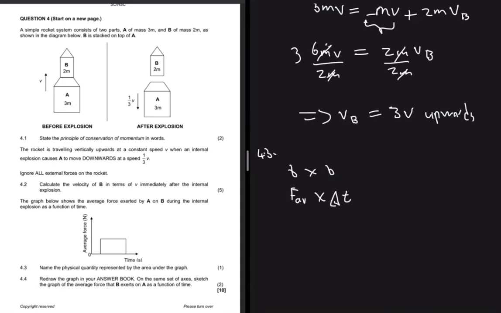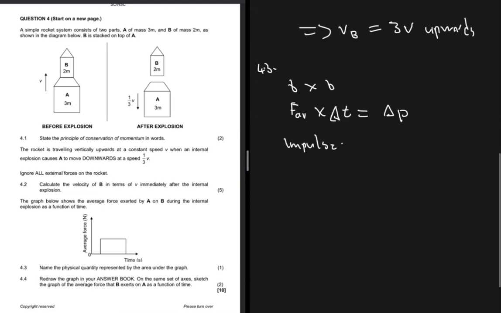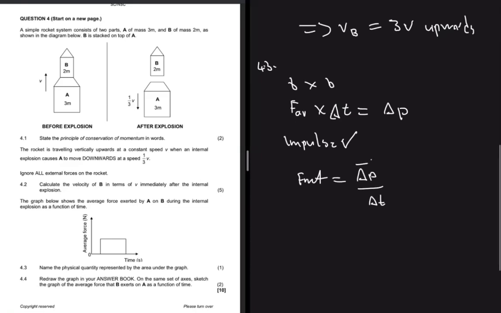Which quantity is given by F average multiplied by delta t? That is delta p, right? So the physical quantity represented by the area under the graph is impulse, change in momentum. That is coming from the formula F net equals delta P divided by delta t.